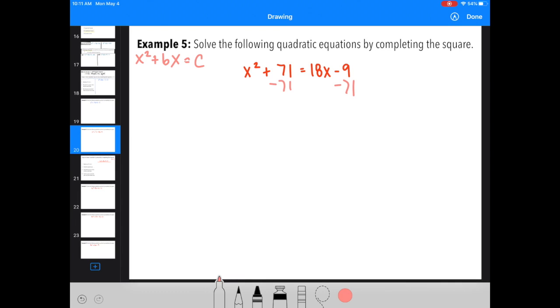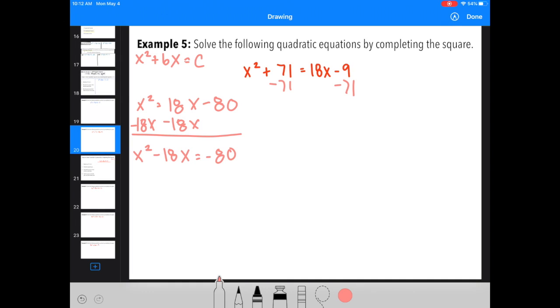So I'm going to subtract my 7 over. So I'll have x squared is equal to 18x minus 80. I'm going to subtract my 18x over, to give me x squared minus 18x equals minus 80.